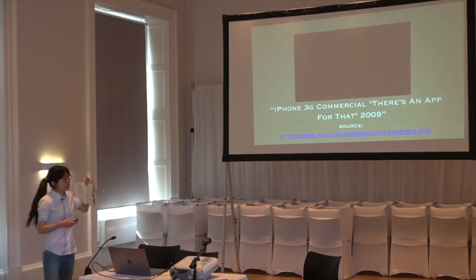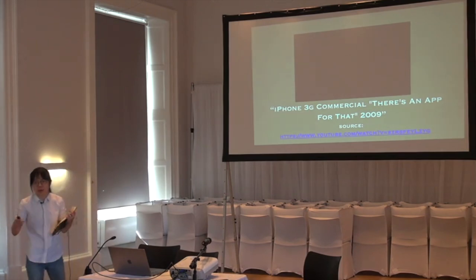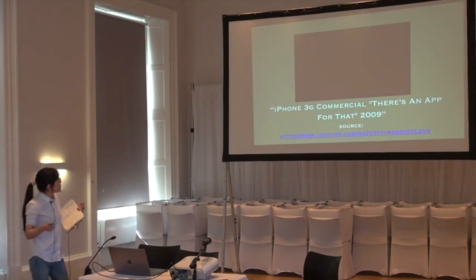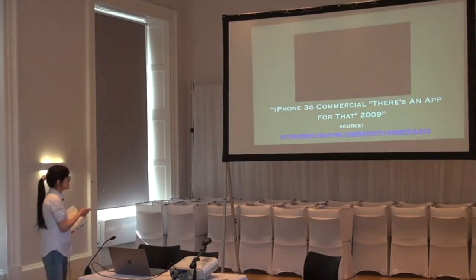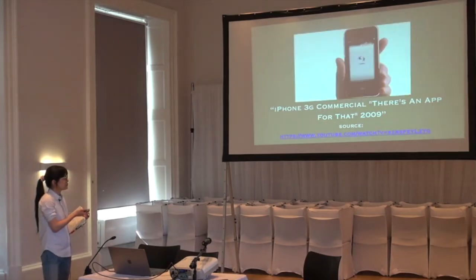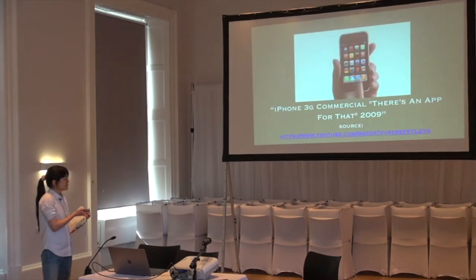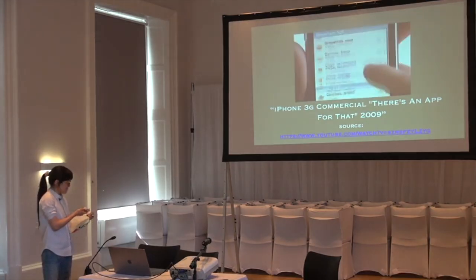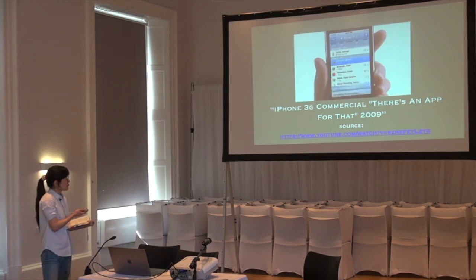This commercial is from 2009, and they also created this very catchy sentence: there's an app for that. What's great about the iPhone is that if you want to check snow conditions on the mountain, there's an app for that. If you want to check how many calories are in your lunch, there's an app for that.